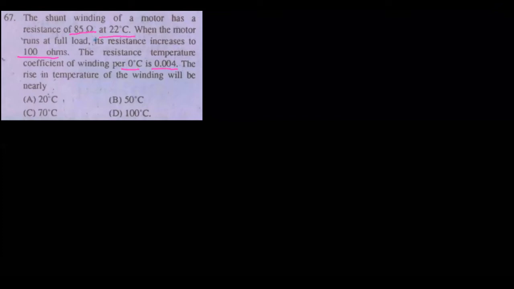Okay, so if the resistance at 0 degree is given to you, then you will use the formula RT is equal to R naught into 1 plus alpha del T. But if the resistance at some other temperature is given to you, like in this case, one resistance is 85 ohm at 22 degree, and the second resistance is 100 ohm, and we need to find the temperature at 100 ohm. So this is the question.